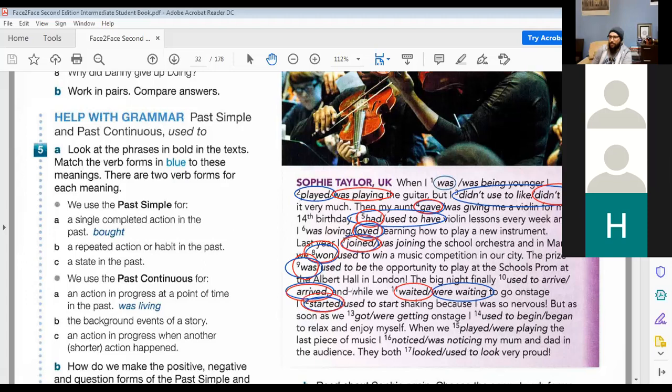"I was so nervous, but as soon as we were getting on stage," yes, even me, "were getting." Okay. "I was to... I used to begin to relax and enjoy."